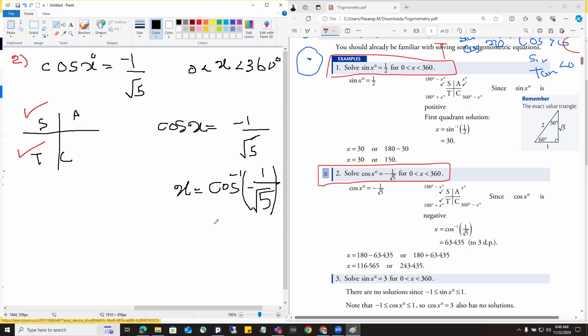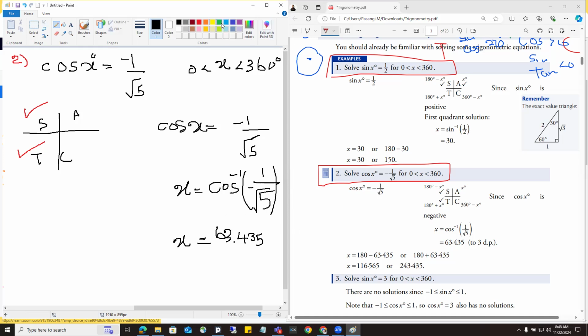If you calculate, or read the value from the log table, you can find the x angle as 63.435, somewhere like this. You can read this value directly from the logbook.